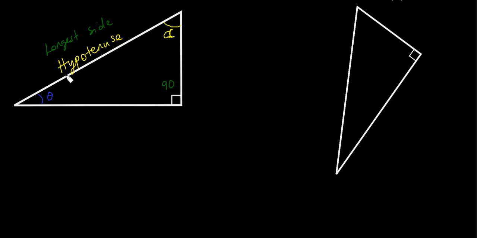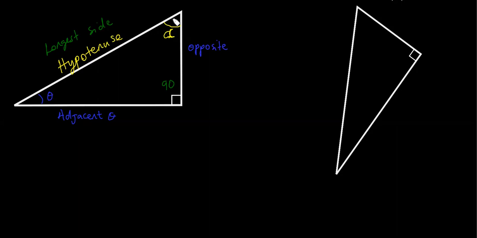Now when we look with respect to this theta, this angle here, this side here is adjacent. So here we can call it the adjacent side. Adjacent to what? To theta. But this side here is called the opposite. You can see that it's positioned on the opposite side of theta, and this one here is adjacent to the angle.